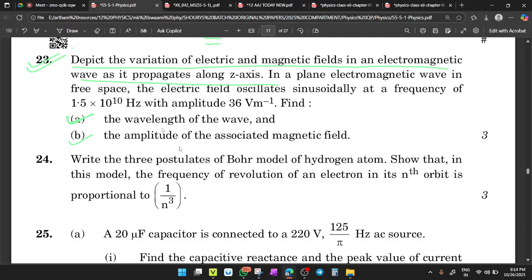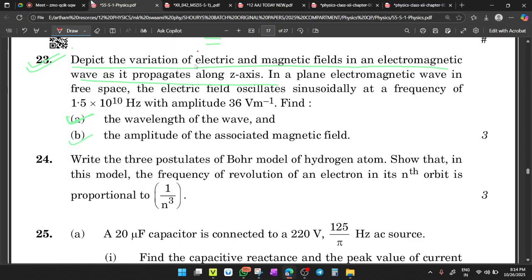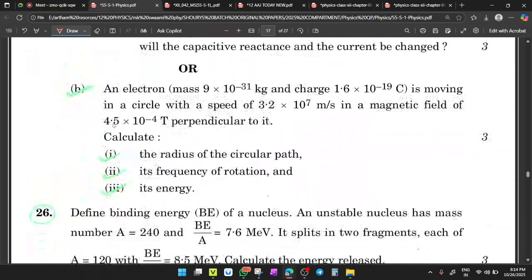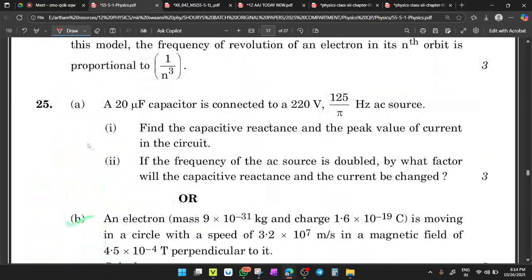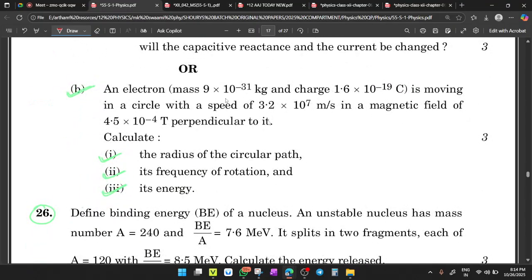Done. Okay, guys, coming to the next question, part B of question number 25. An electron of mass equal to 9.1 into 10 to the power minus 31 kilograms. So first, very clearly write all the parameters that are given. M equals 9 into 10 to the power minus 31 kilogram.